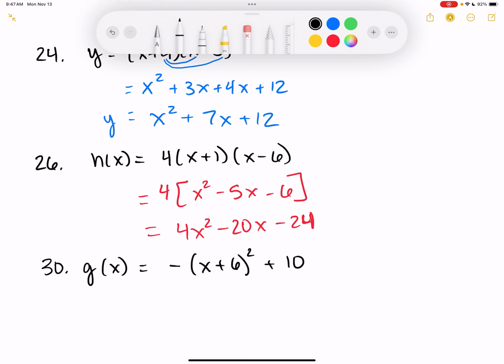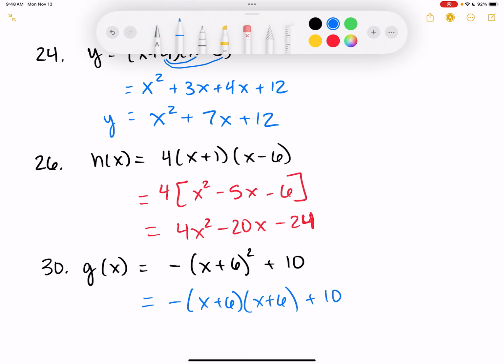But I'm going to rewrite it just for the sake of you seeing it. So this is really negative times (x plus 6) times (x plus 6) plus 10. If you don't remember what a perfect square trinomial is supposed to multiply into, then you can rewrite it this way and then just do the process like we did on 24 and 26.